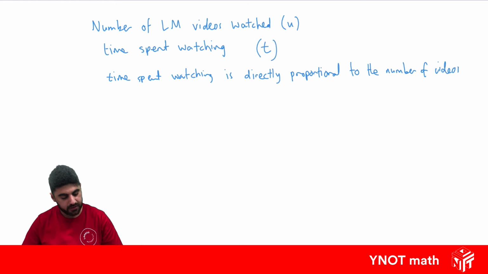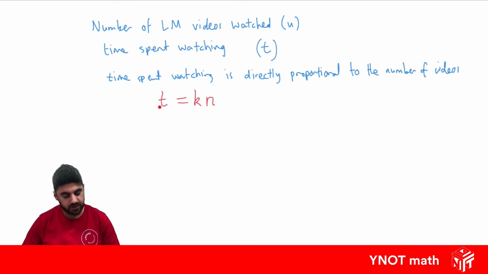And the first part might be to write an equation that shows the relationship between the two variables. So if the time spent watching is directly proportional to the number of videos watched, that's how we form our equation.